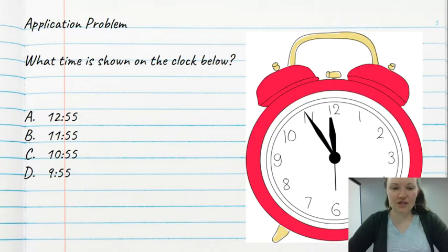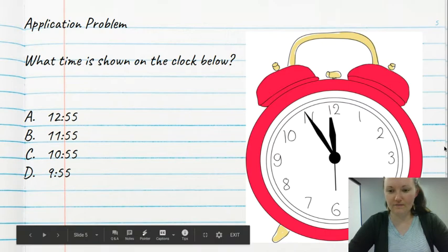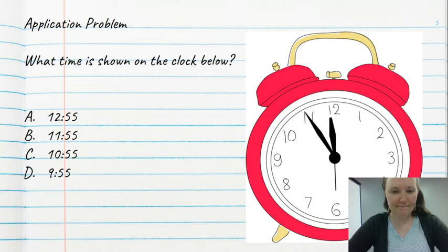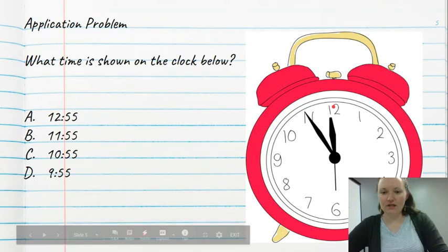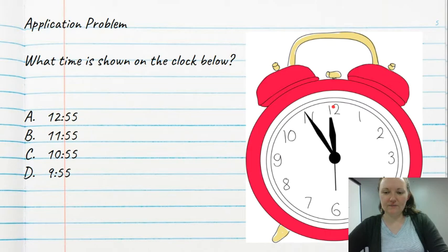So our application problem. What time is shown on the clock below? Is it 12:55, 11:55, 10:55, or 9:55? What do you think? If you said 11:55, you are correct, and I'm going to show you. Is it quite at 12 o'clock yet?